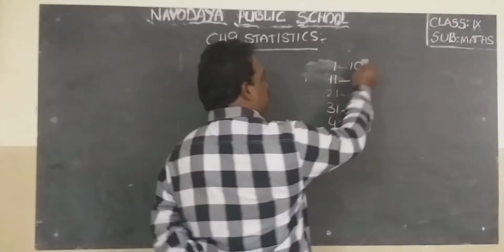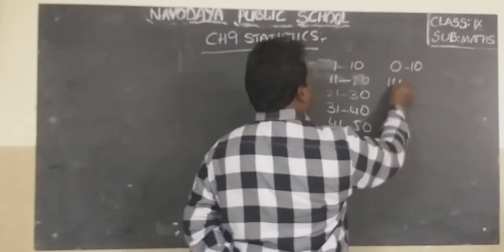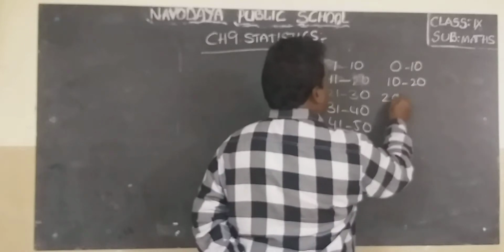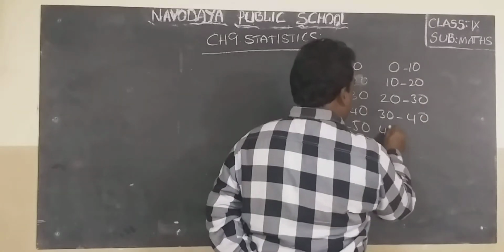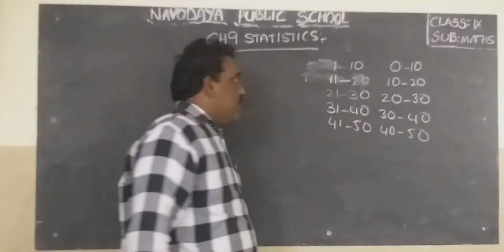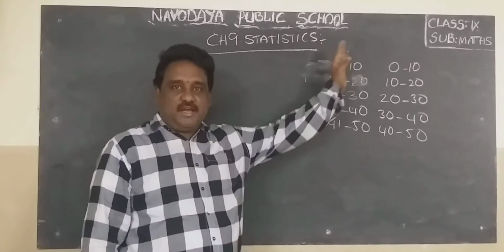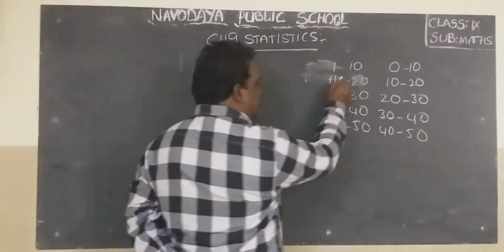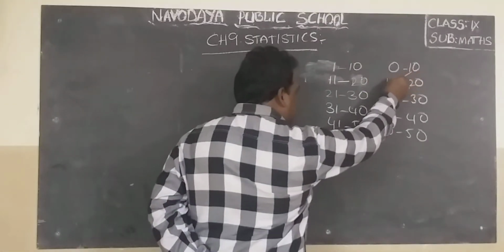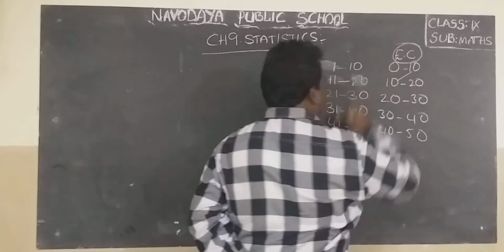Then exclusive classes: 0 to 10, 10 to 20, 20 to 30, 30 to 40, 40 to 50. How do you identify which type of classes they belong to?